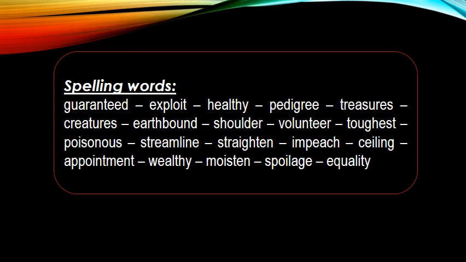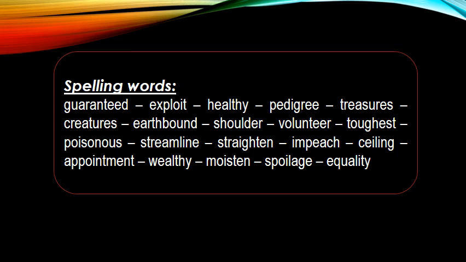Treasures, EA. You notice the difference here, treasures, creatures. I cannot say creatures with a long sound. EA. Earthbound, EA, and here I even have OU, bound. Shoulder, OU.